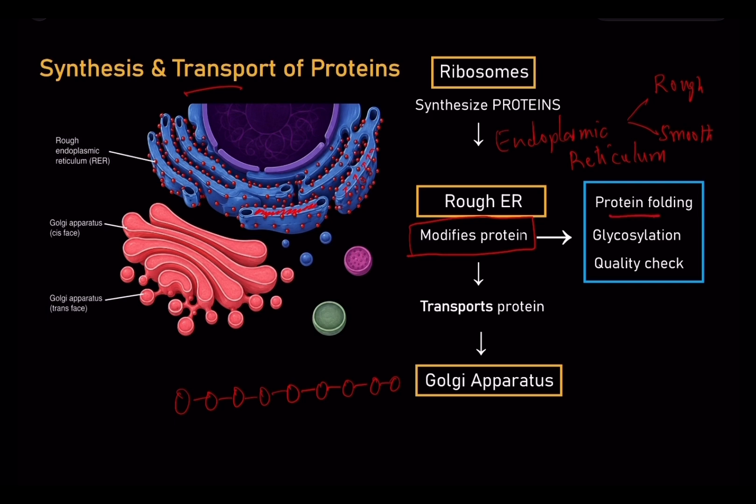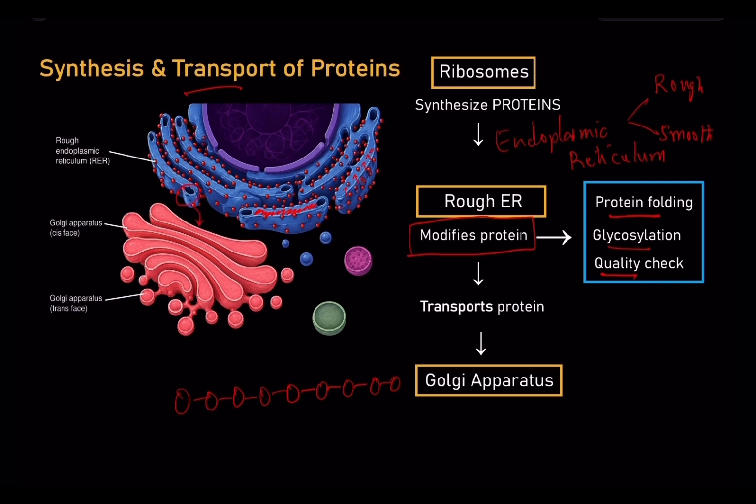Next, glycosylation also happens here, which is addition of carbohydrate or sugar tags to that protein to mark and help process them before transport. And quality check also takes place, wherein any misfolded proteins are caught and they're sent away to be destroyed so that they don't cause any damage to the cell. So this is what the rough ER does.